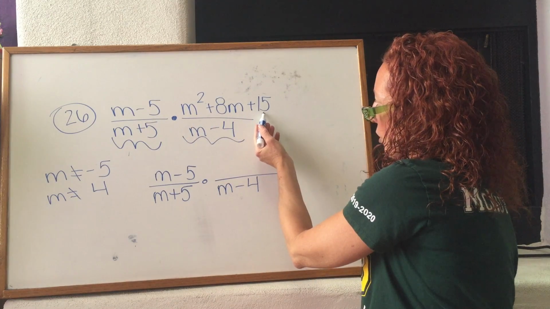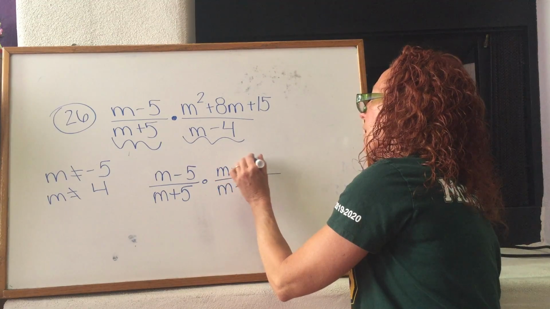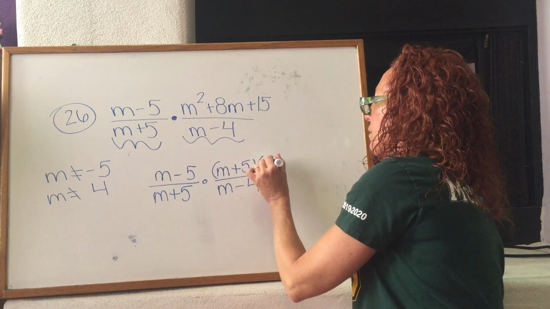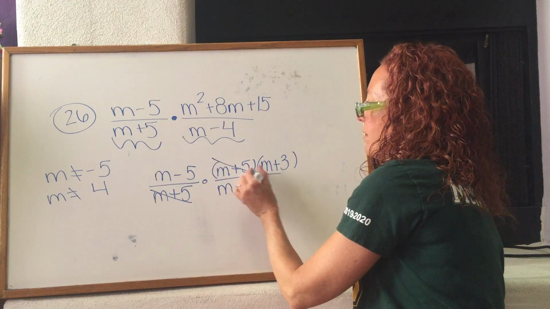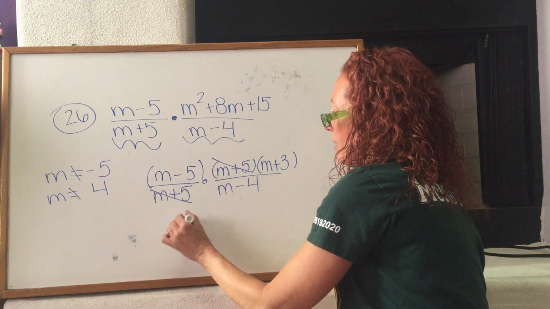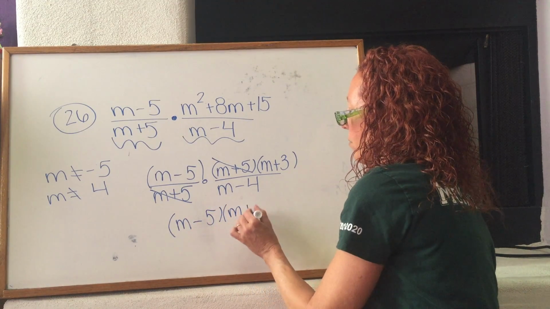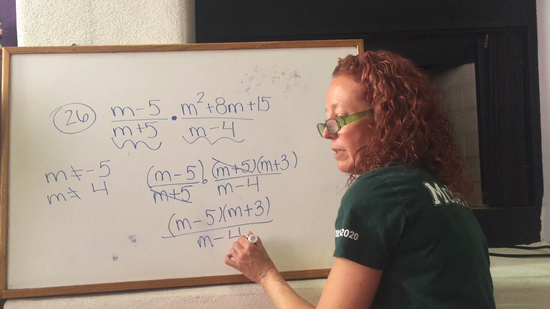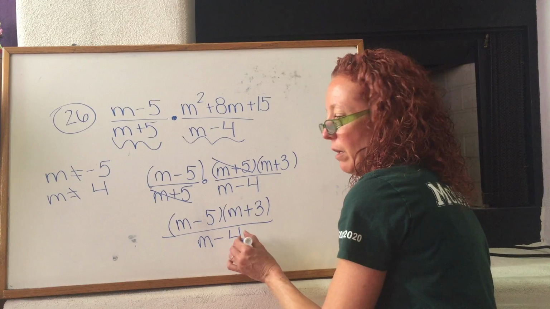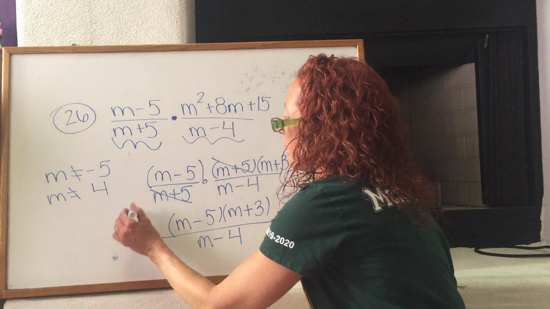Two factors that multiply to 15 and add up to 8 are +5 and +3. And so your m plus 5s cancel. M plus 3 is in our numerator, and m minus 4 is in our denominator. And so our correct answer is A.